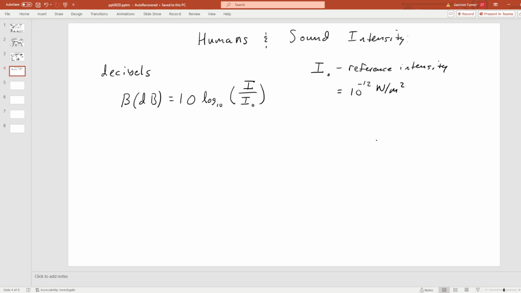Okay, so your reference intensity is given by 10 to the negative 12 watts per square meter, and this is essentially the smallest or lowest intensity that can be heard by the human ear.